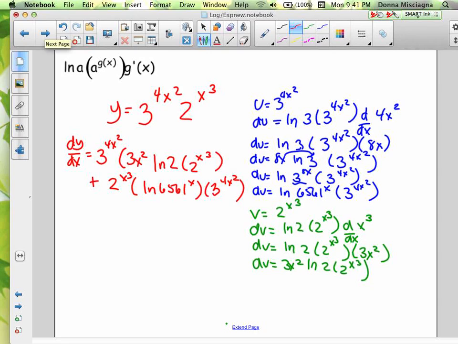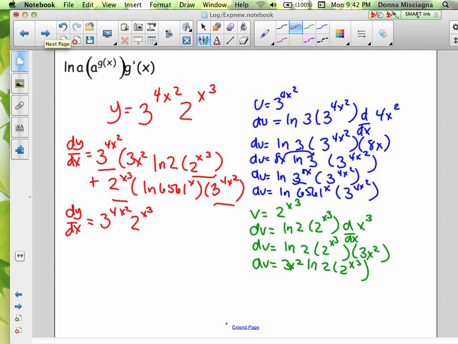Any of them the same? Yes. So both of them have a 3 to the 4x squared and a 2 to the x cubed. Let's pull those out, because that's really a little awkward. dy dx is equal to 3 to the 4x squared and 2 to the x cubed. And then we have what's left.